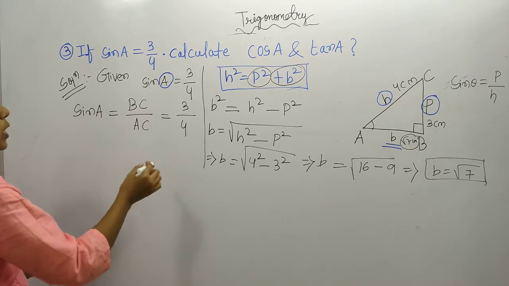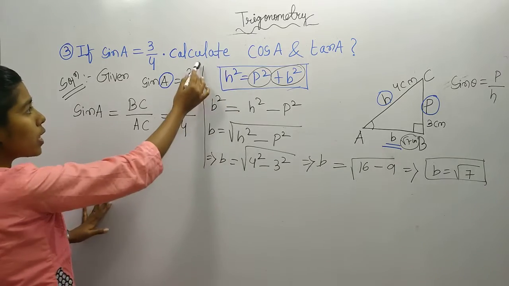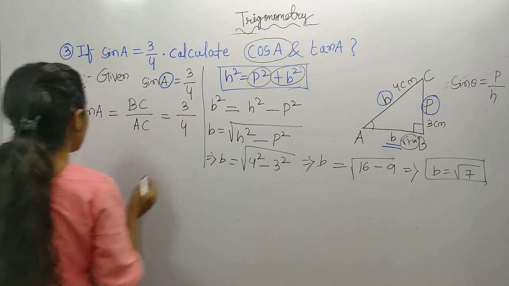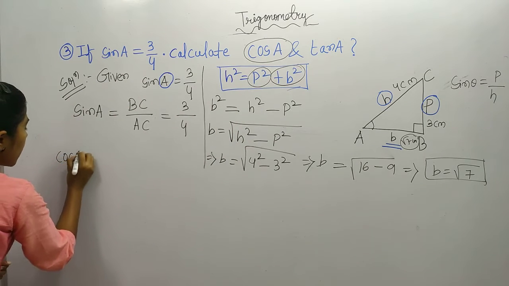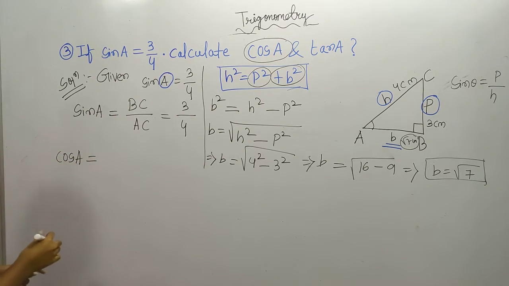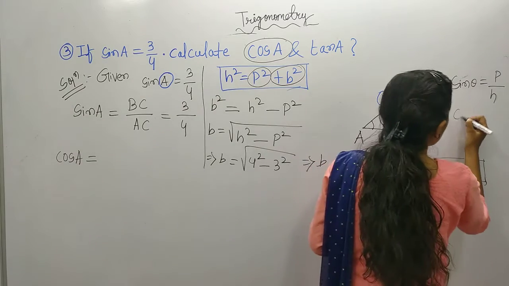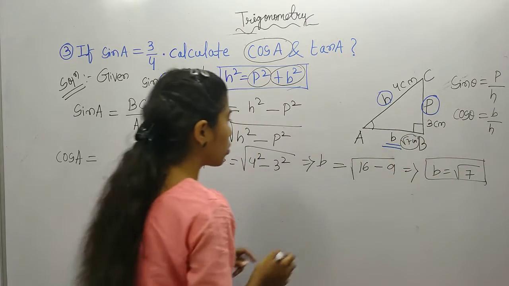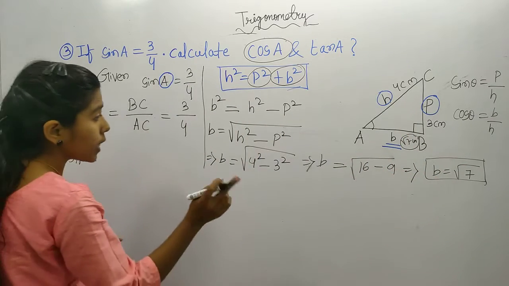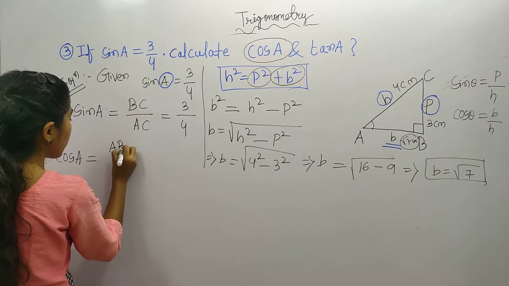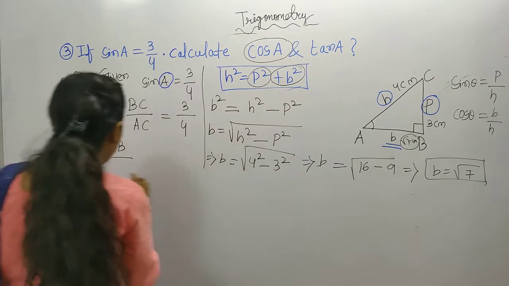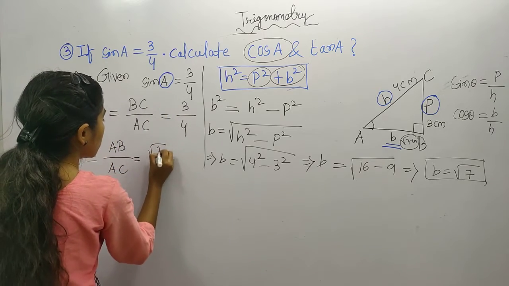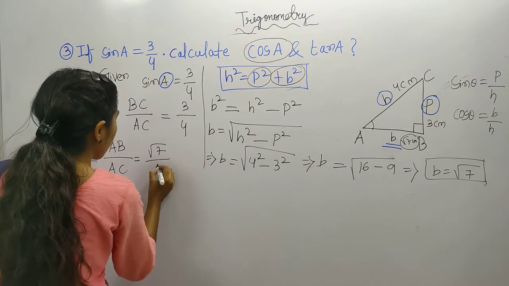So we have complete information about the triangle now. Now you have to see what is asked in the question. Calculate cos A. First we have to find cos A. The cos theta formula is B by H. So here cos theta equals B by H, which is base AB divided by hypotenuse AC. So AB is root 7 divided by AC is 4.